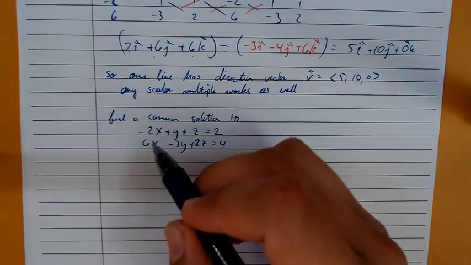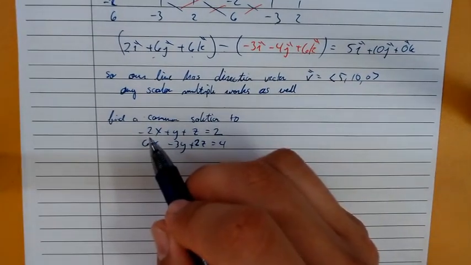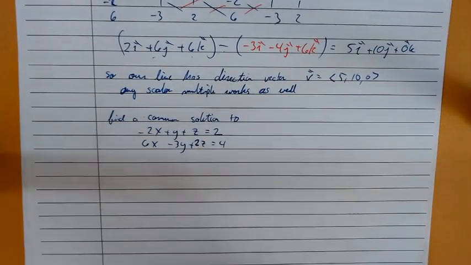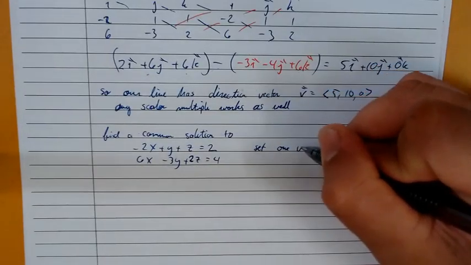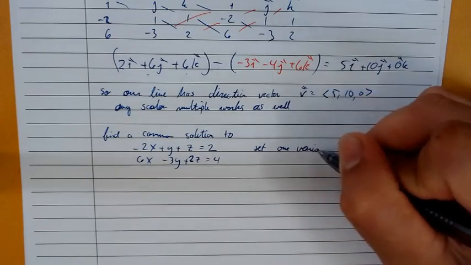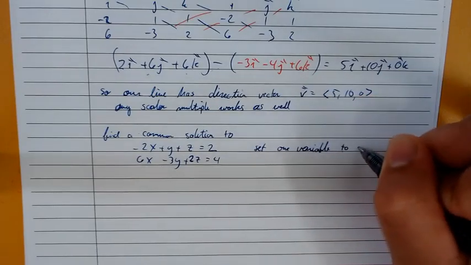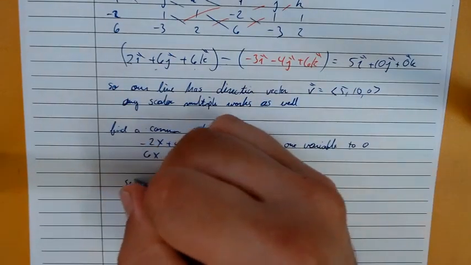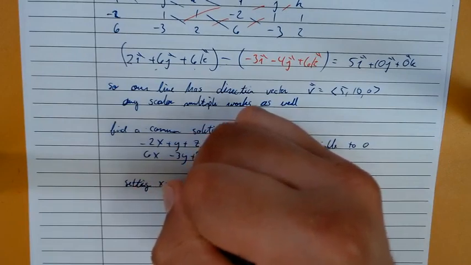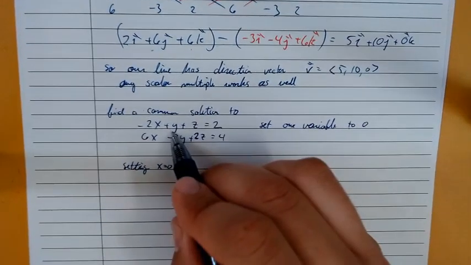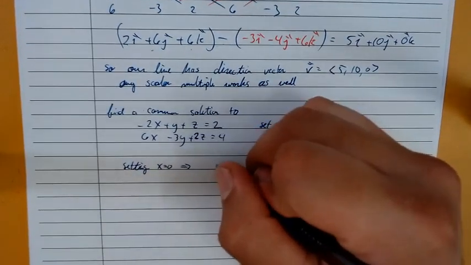Okay. In this case, we can set one of my variables equal to 0. I'm going to go with x. Set one variable to 0. I'm going to say, okay, setting x equal to 0, we get the following simpler equations. We get y plus z equals 2.